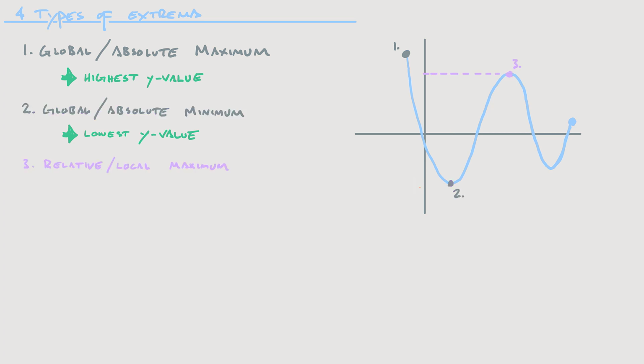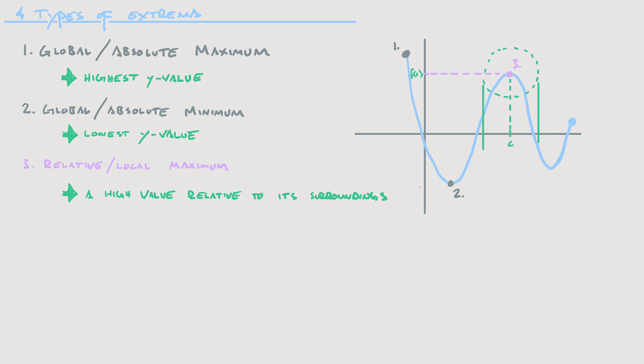But then we have things called relative or local maximum, or relative or local minimum, that are basically defined almost exactly the same as absolute or global extrema, except for the fact that it's not the highest y value overall, it's the highest y value kind of in its vicinity. So it's a high y value relative to its surroundings.